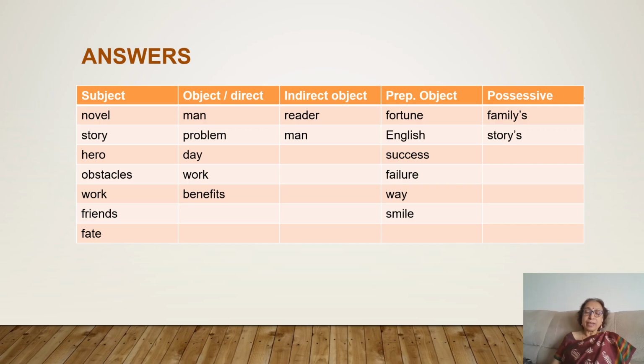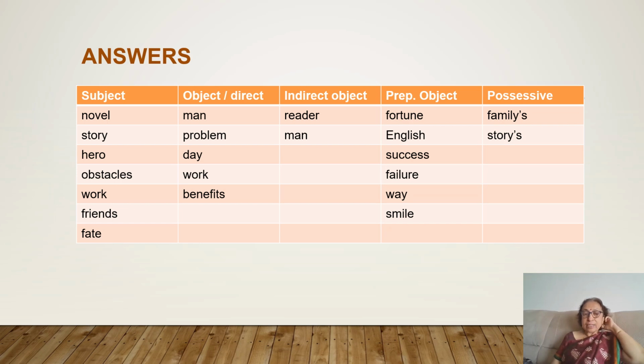With a smile. Smile again, with is a preposition, so smile is prepositional object. Hard work saves the day. So work here is the subject, day is the object. Saves, direct object is used here, day.